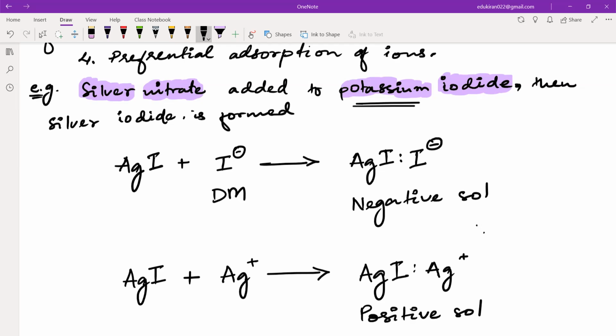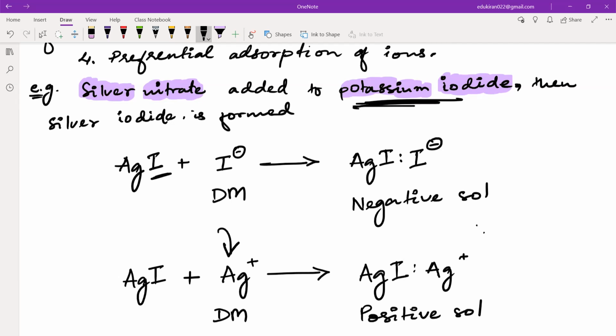So there are always two things. In the first case, we have more iodide because potassium iodide is the solvent. That is why iodide negative is coming around and making a layer around the silver iodide, and we are getting a negative sol. Now in the second case, we are adding potassium iodide to silver nitrate, so we have more silver here.